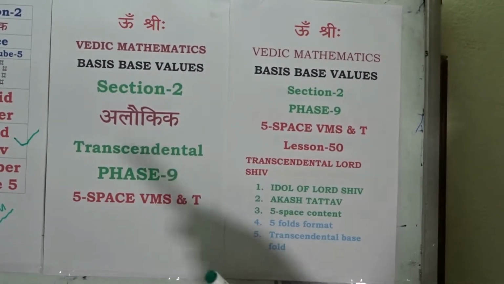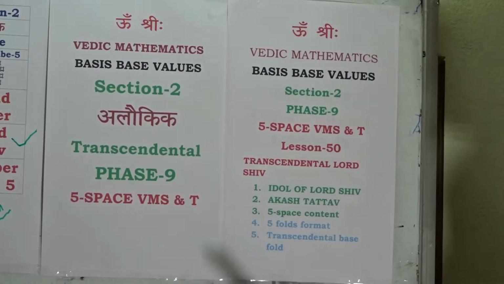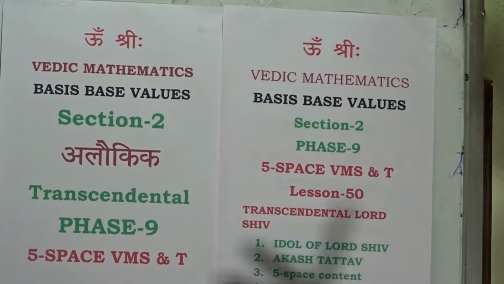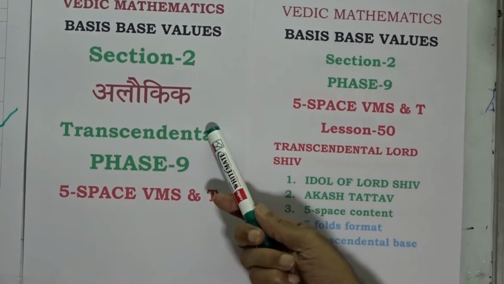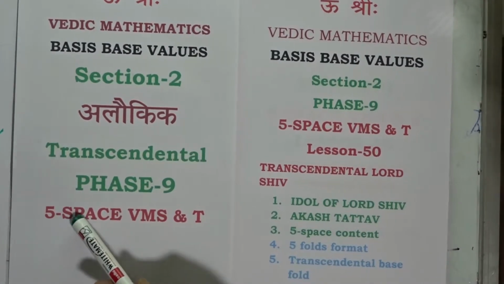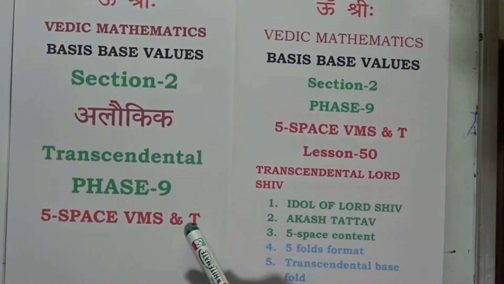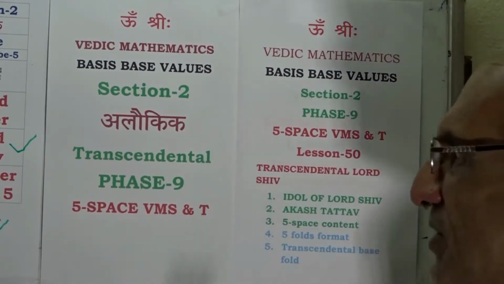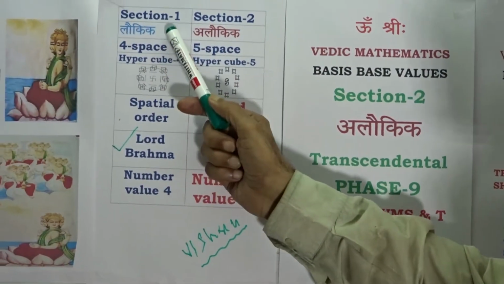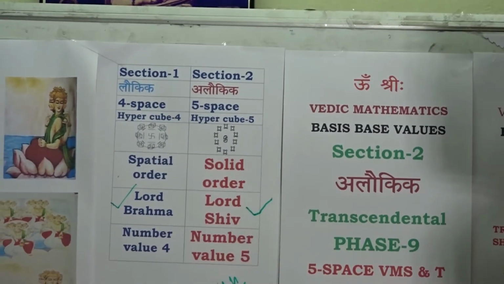As we were exposed in the previous lesson 49, the transcendental chase is in respect of 5 space VMST. Previously we have been chasing in section 1 for the 4 space VMST.